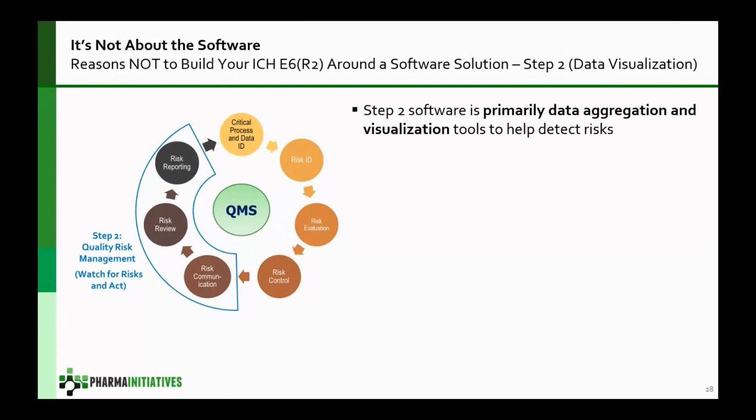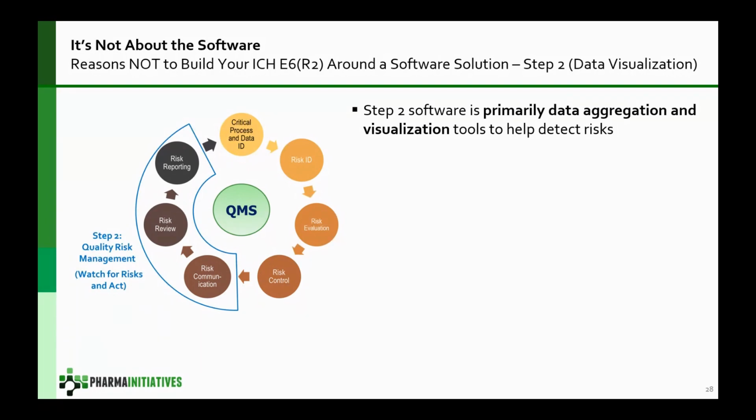In terms of step two, it's kind of a different animal. So step two software is data aggregation and visualization tools. That's what it is. It's software that gathers up data from multiple sources and allows you to visualize that information. In this case, we're looking at information to help us identify risks. So it's things like key risk indicators like number of PDs or number of AEs or things like that.